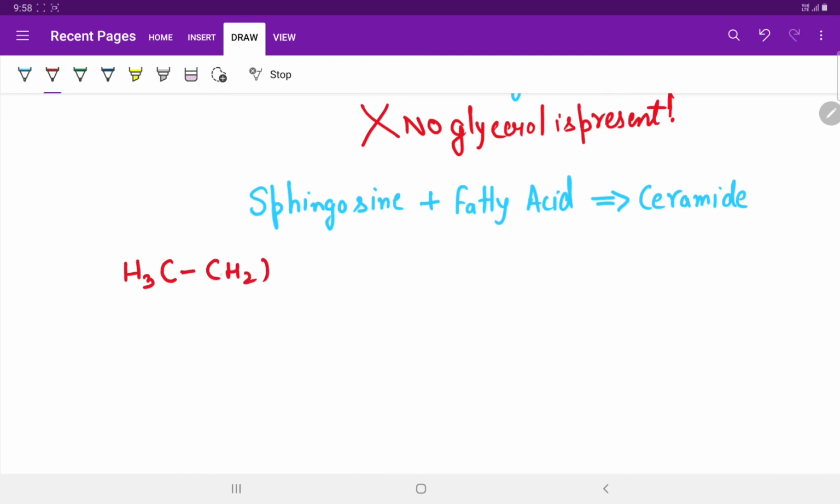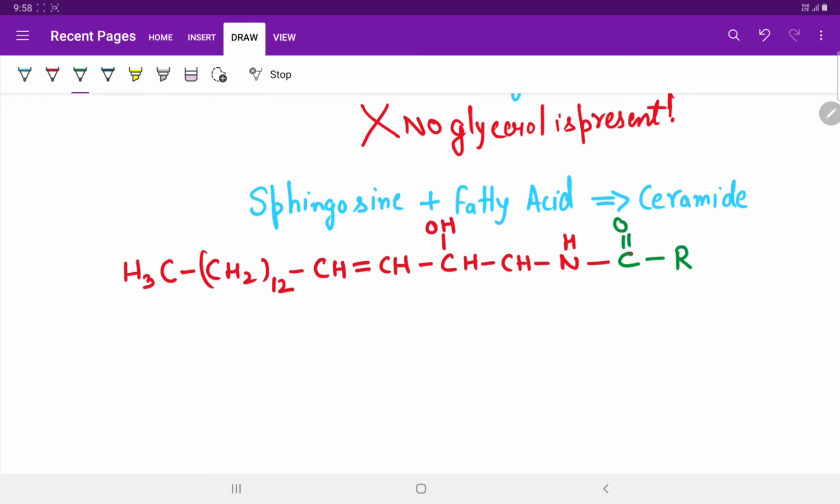CH3, CH2 12 times, then CH double bond CH, then CH OH here, then one CH again, NH, then comes the role of fatty acid, C double bond O and R. So students, this yellow highlighted portion is for alcohol sphingosine.